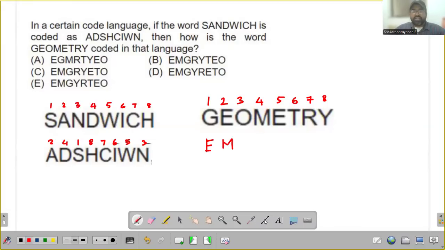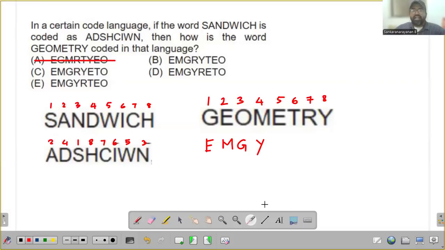Okay. This helps me to eliminate option A. Now we have to focus on the first letter, 2, 4, 1 it is, right? So you have to go for G. So you can see everywhere it is EMG only. And then comes the eighth letter, that is Y. So it should be like EMGY.